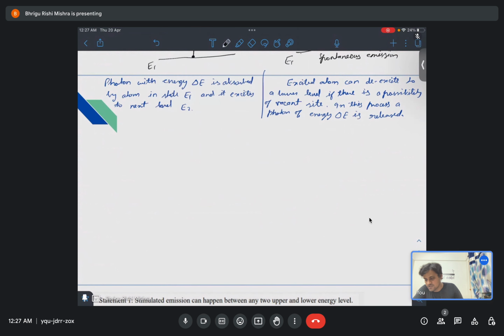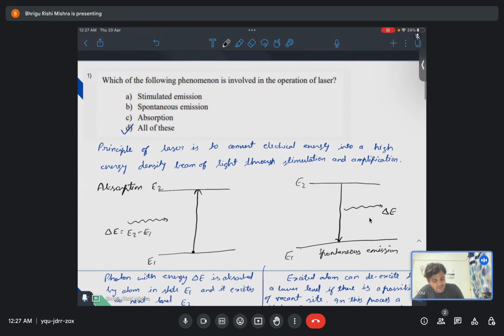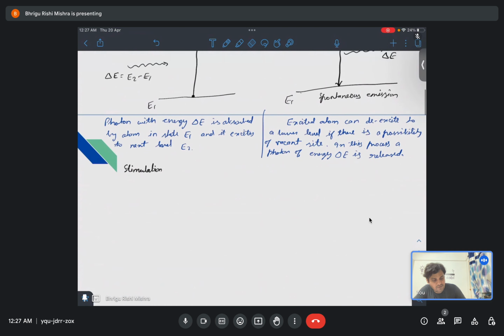Now we'll talk about the third process, which is known as stimulated emission.